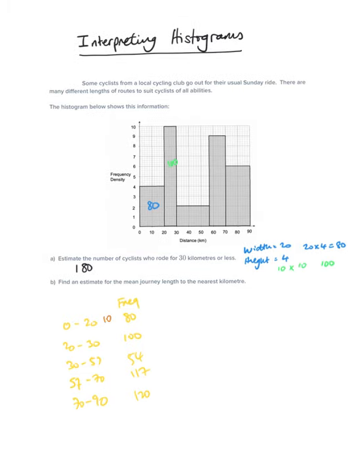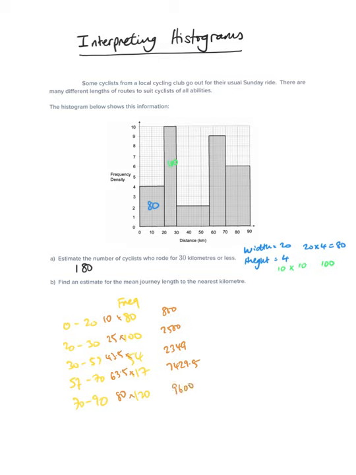Then as we would for any grouped data, we're going to need the midpoints. So that's going to be 10, 25, 43.5, 63.5 and 80. We multiply those across. So 10 times 80, for example, to give me 800, 2,500, 2,349, 7,429.5 and 9,600.